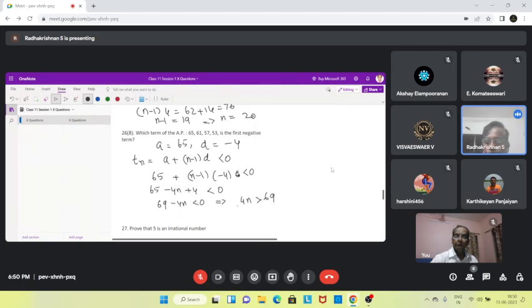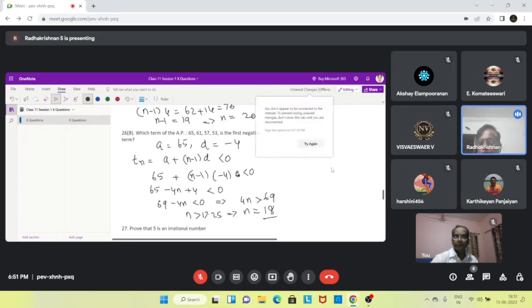So what is the smallest value of n for which 4n will exceed 69? So the 17th term will be positive, the 18th term will become negative.